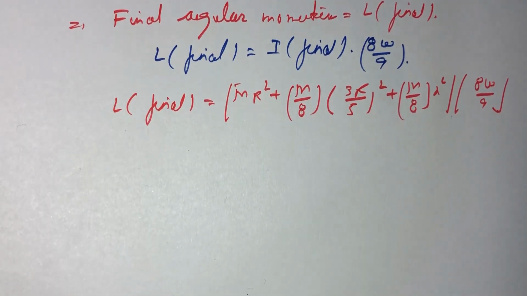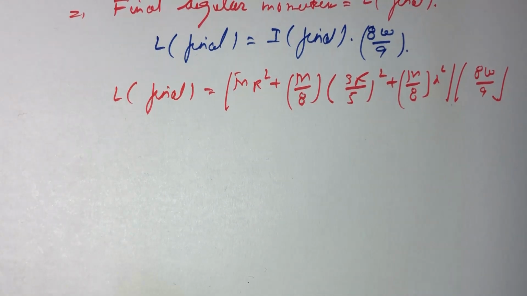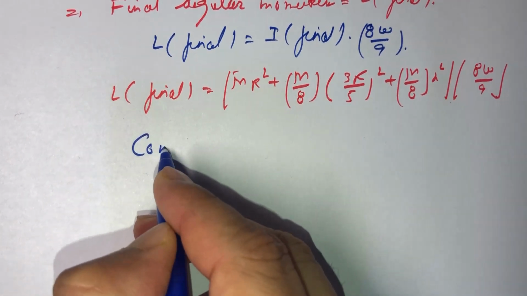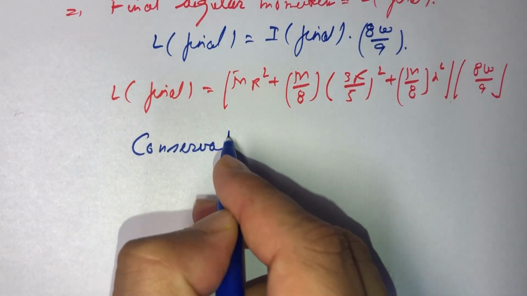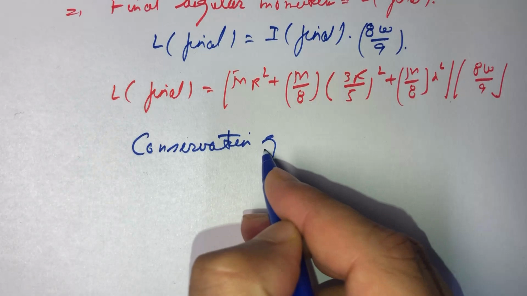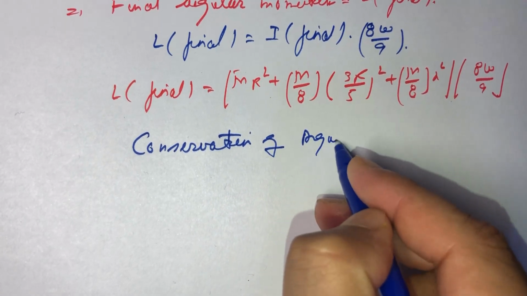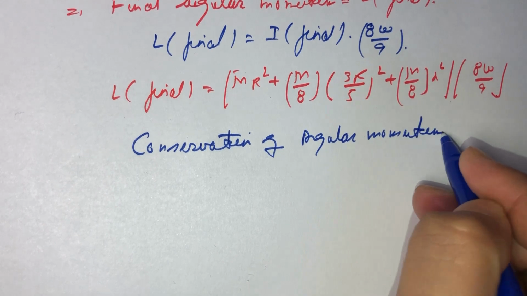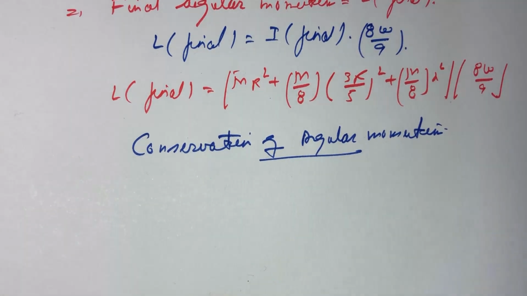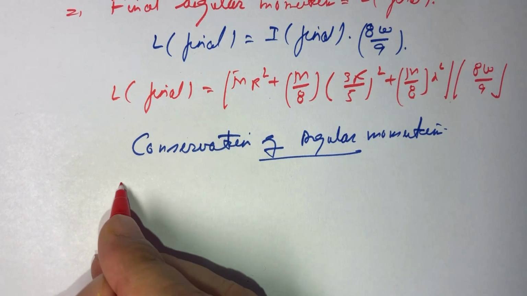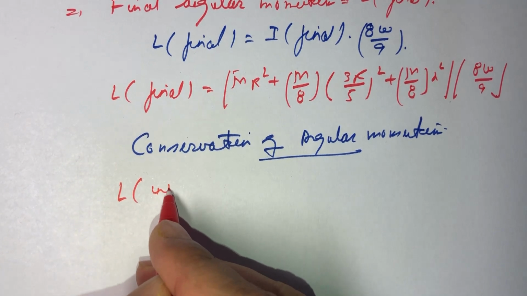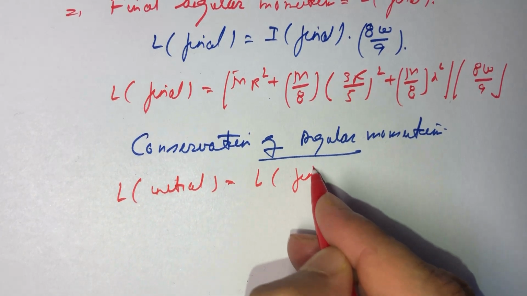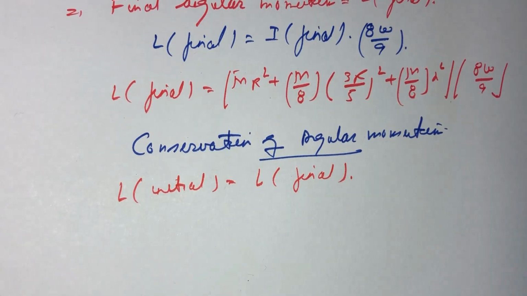Now we are going to use conservation of angular momentum. So you can say, conservation of angular momentum, initial angular momentum, that is L initial, will be equal to L final.